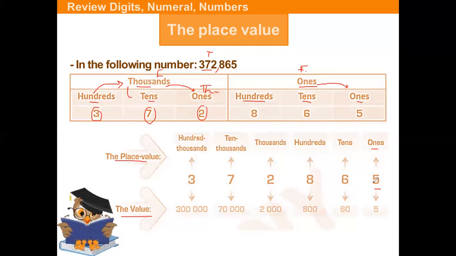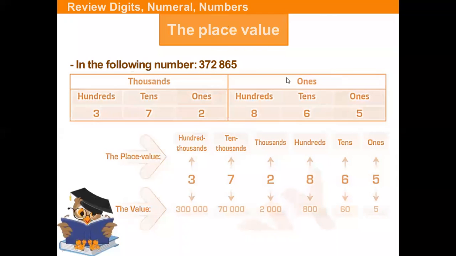So it's ones, tens for 6, hundreds for 8, thousands for 2, ten thousands for 7, and hundred thousands for 3. So in the value, we have here a 5, here a 60, here 800, here 2,000, here 70,000, and the last one 300,000.